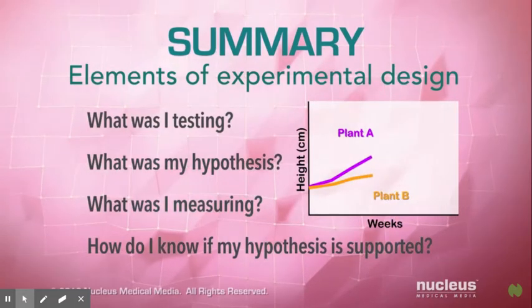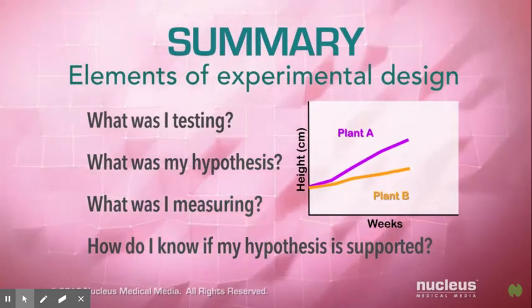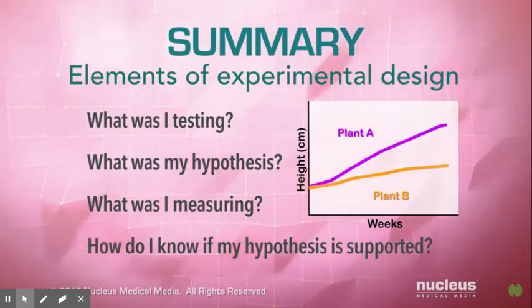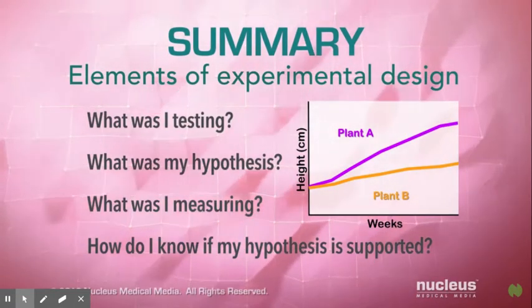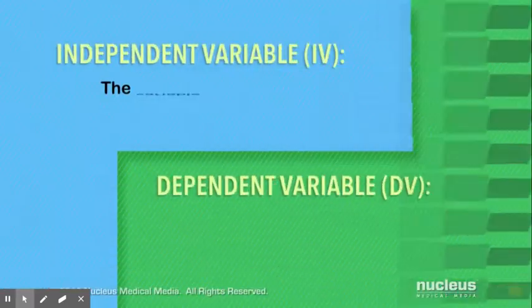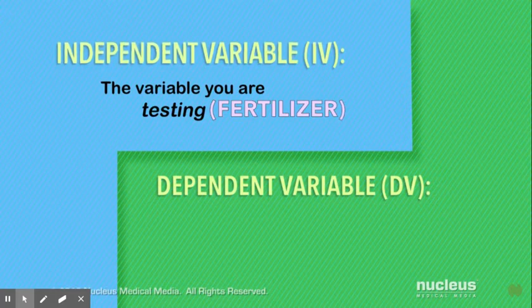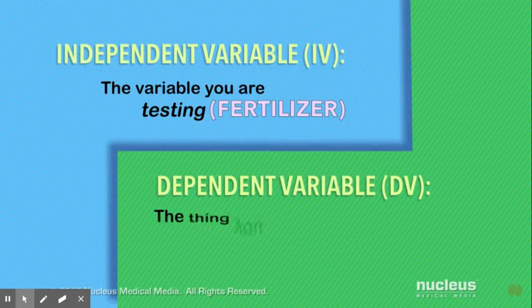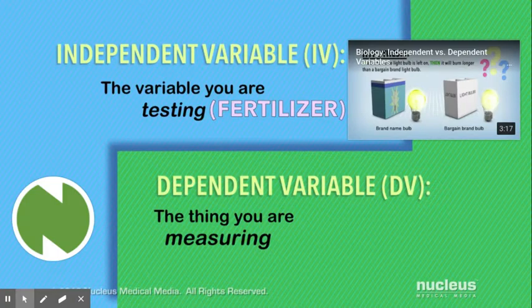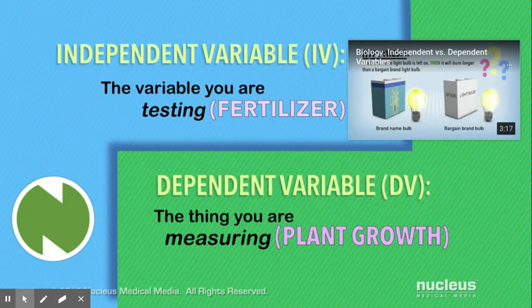Well, if your hypothesis is true, you would have seen that the plant that got the fertilizer actually did get bigger than the plant that didn't get any fertilizer. The variable you were testing, in this case the fertilizer, is called the independent variable. And the thing you were observing, measuring, and expecting to change because of that independent variable was plant growth. In this experiment, plant growth is the dependent variable. We'll go over independent and dependent variables in more detail in another video.